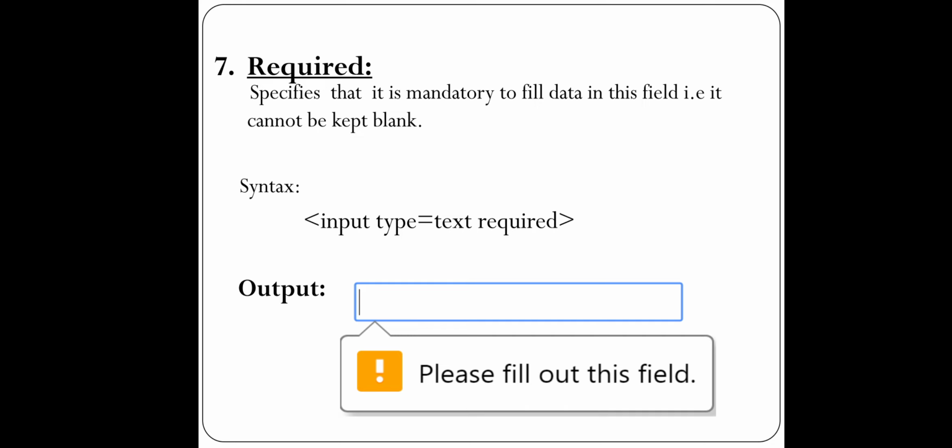So for such cases, the user should be restricted or should be told that it is required. For that purpose, we can use the required attribute, right? Means until and unless that particular control is given the input, the form is not submitted. So for such cases, you can use the required attribute.